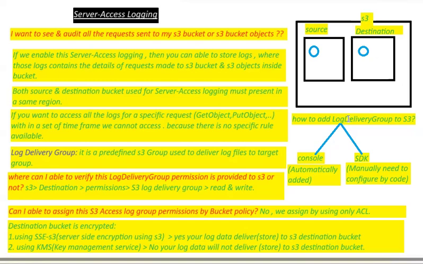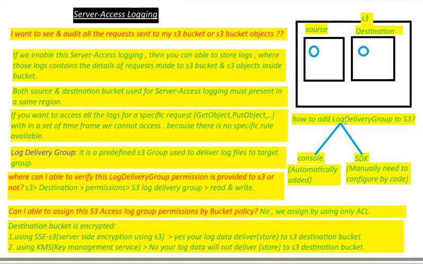What is this log delivery group? This log delivery group is nothing but the permissions required to write my logs in the S3 target bucket. Those permissions are already defined by S3 using the name log delivery group.